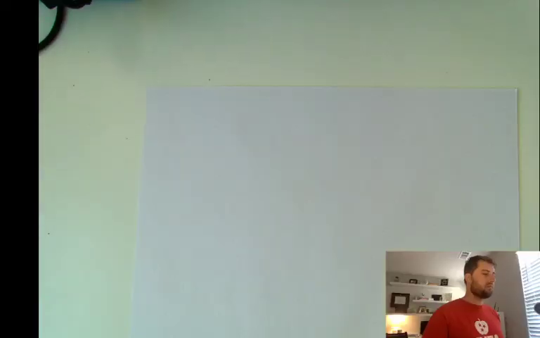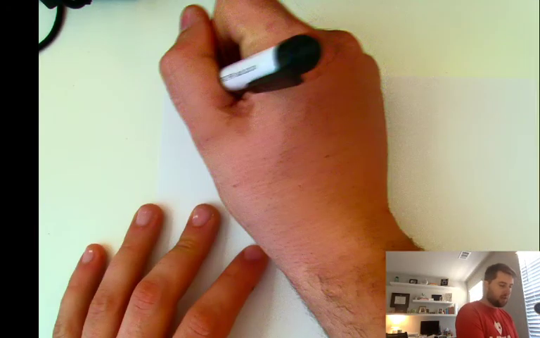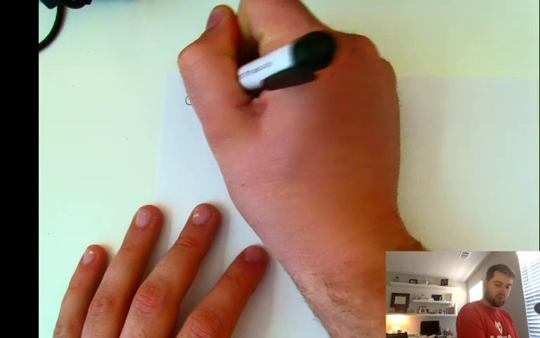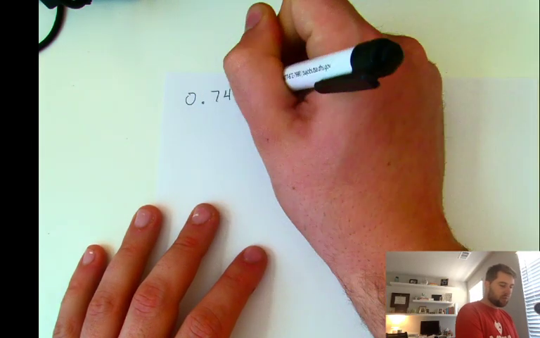So, we are going to dive into adding decimals part 2. We're going to start, just as a refresher, adding this number right here: 0.74 plus 0.59.